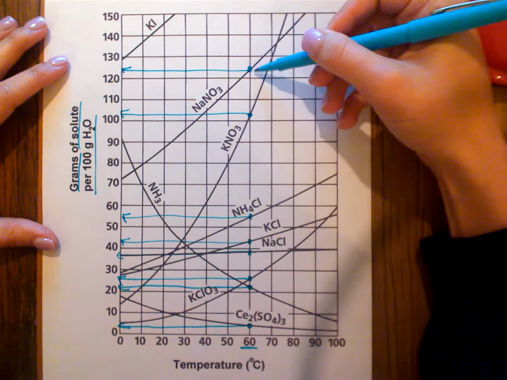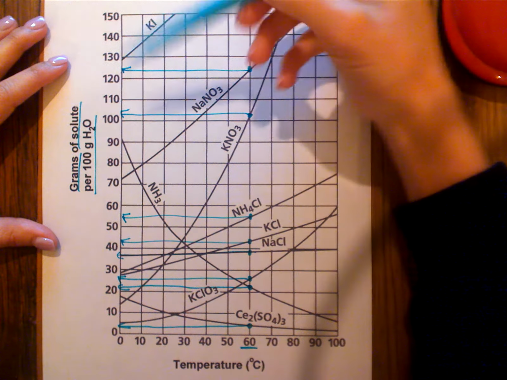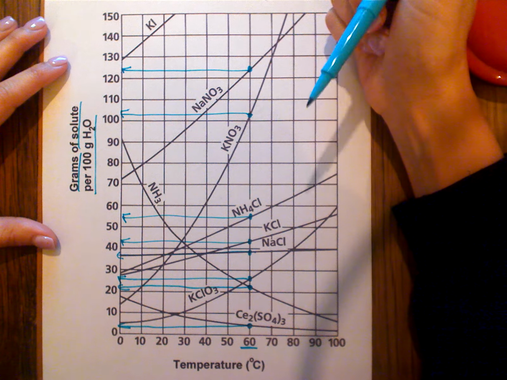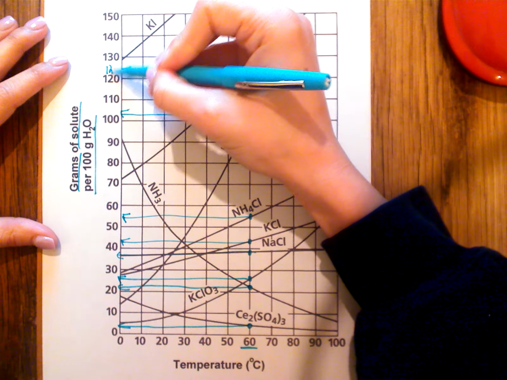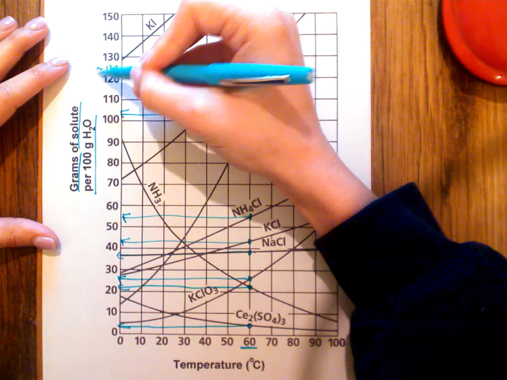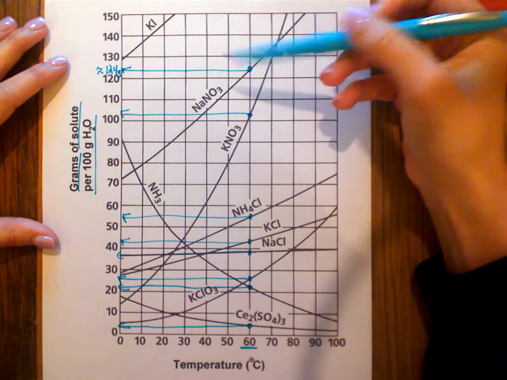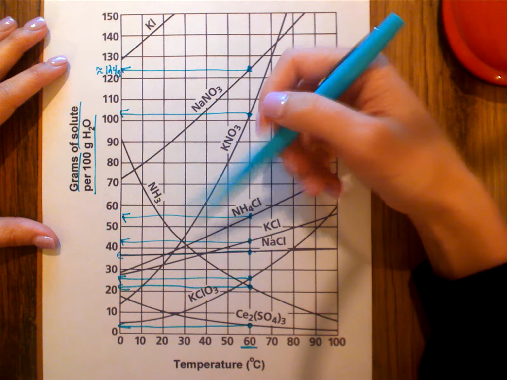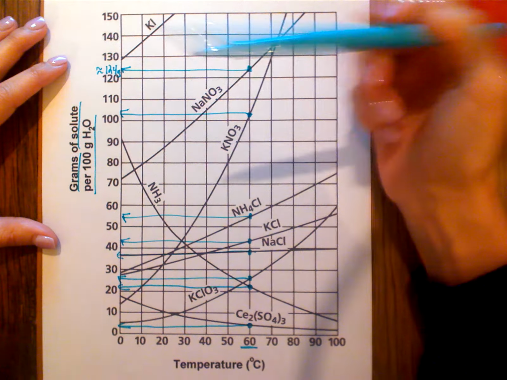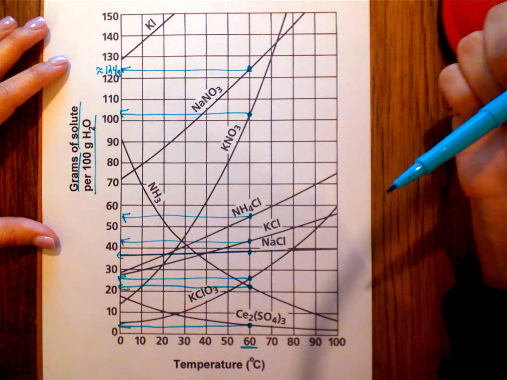And you can see that this point up here, out of all of these, is going to end up with the largest y-coordinate, which looks to be approximately somewhere around 124-ish grams. And so that would be the most soluble compound. And what would its solubility be? It would be 124 grams of solute per 100 grams of water.